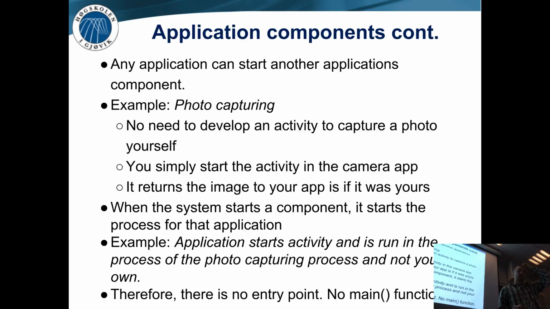So we already talked about it, that your activity can launch any other activity. For example, you have some social app or some running app and you need to allow the user to take a photo. Do you have to implement the camera capture yourself? No, you don't. You can reuse the built-in camera to capture the image, and that's what your expectation is. Usually you capture images using the things that you already have on the phone, right?